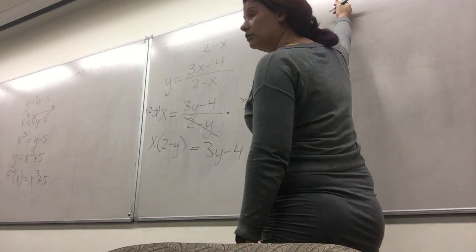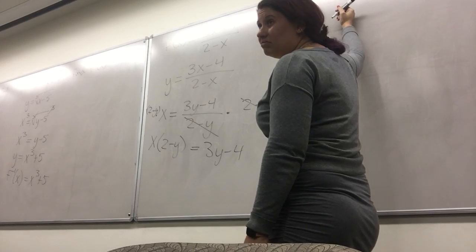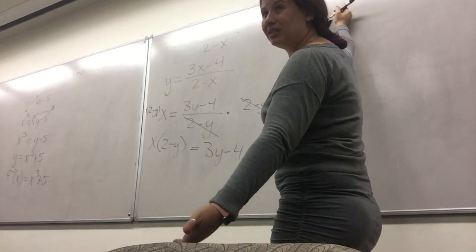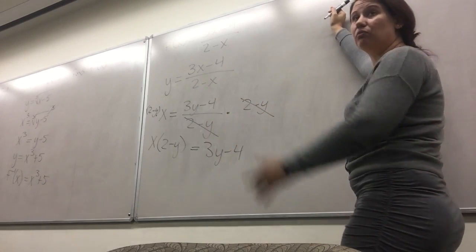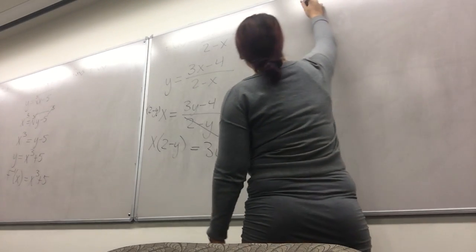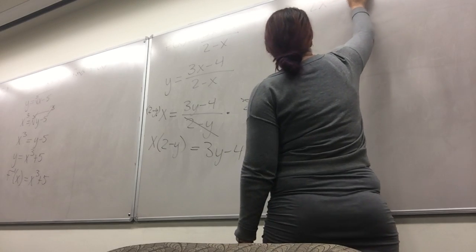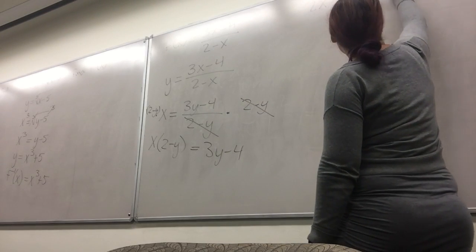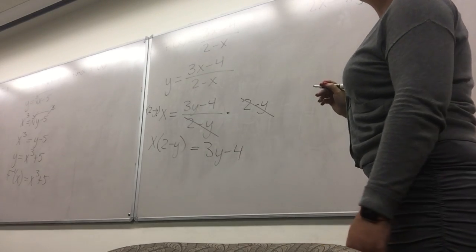That's fine. This one's a 3y. Does that make it bad? Not exactly what we want to end up with, but it's not bad, right? Just because it's xy doesn't change it from 3y. So then that will be 2x minus xy is equal to 3y minus 4, right?